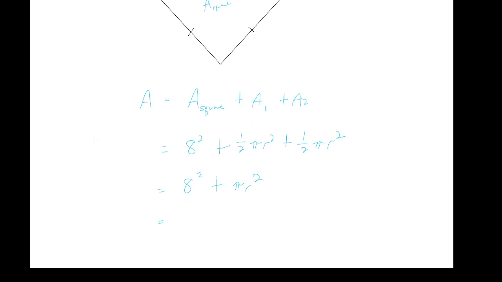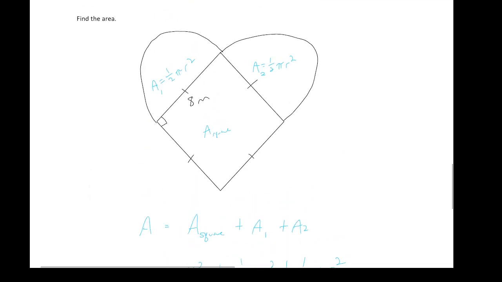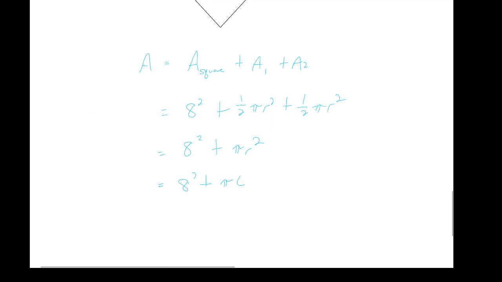And then what's my radius? Let's go back here. If this side is 8, the radius would be half of that, which is 4 meters. So it's pi times 4 squared. So 8 squared is 64 plus 4 squared is 16 pi.